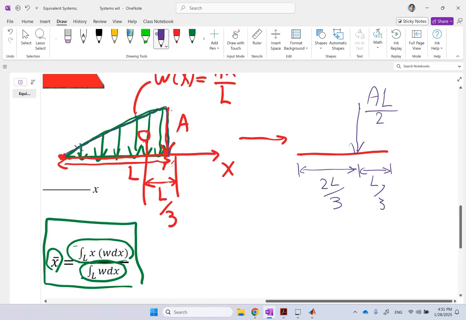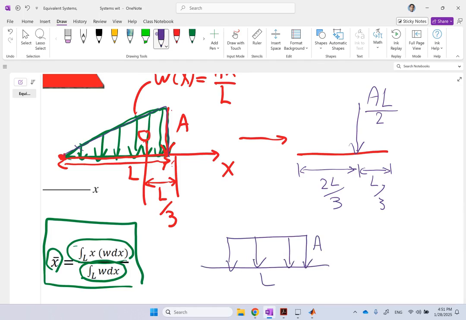That is for a linear load. As I said, if it's a uniform load, then it's very easy. It's exactly in the middle. So if this constant density is A and this length is L, if you have to replace it, then it is going to be in the middle, and the value of it is the area under the rectangle, which is AL, and it's L over 2, L over 2.